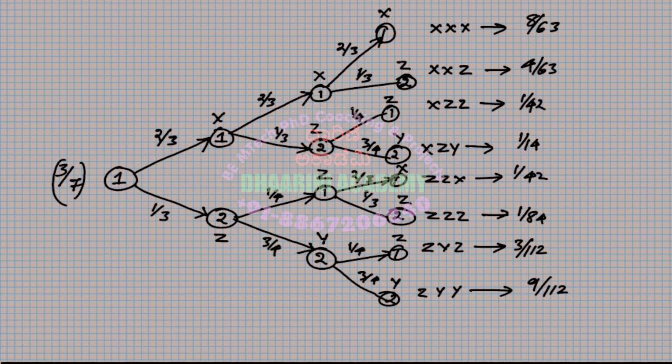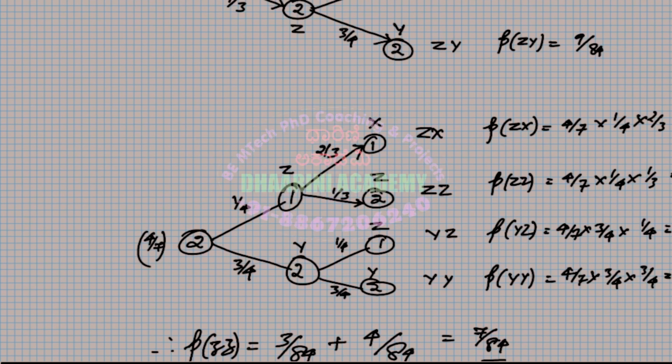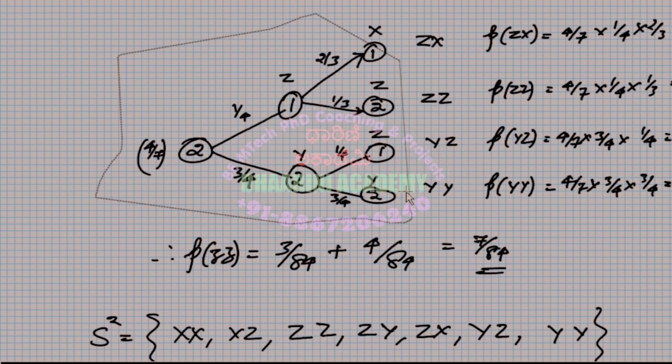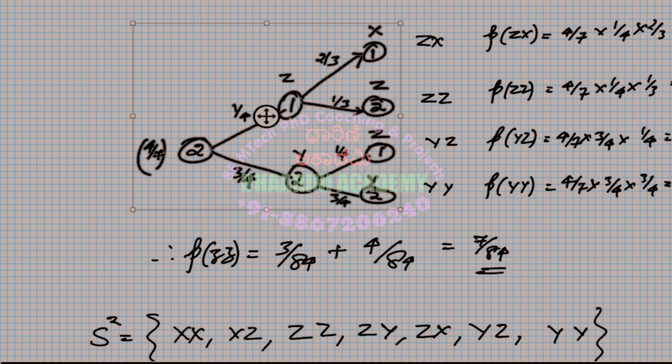Starting from state 1, I end up like this, but I have another option that I might start from this state as well, correct? So for that reason, I am supposed to consider the second diagram. So we'll start from there and then we'll try to expand this further.